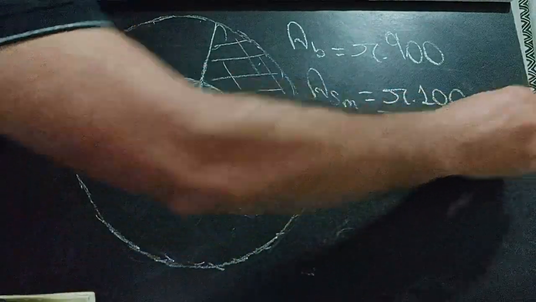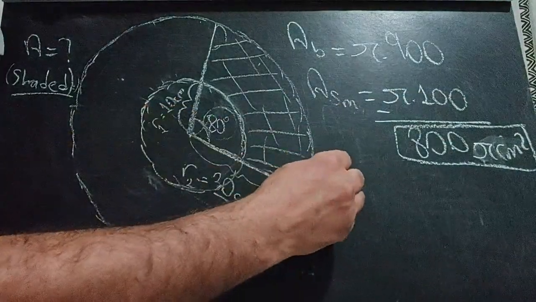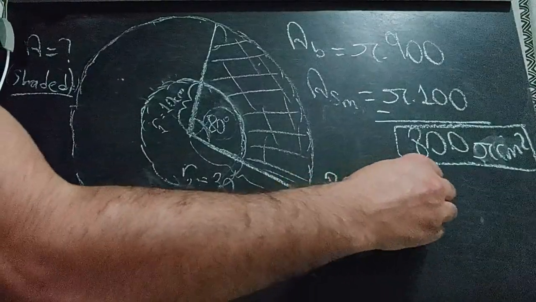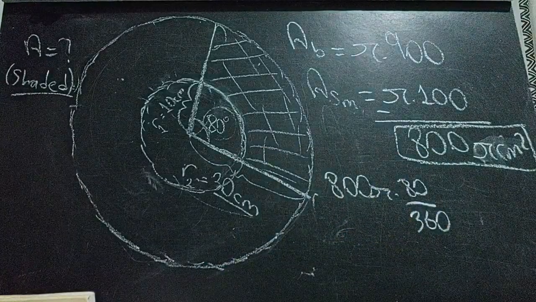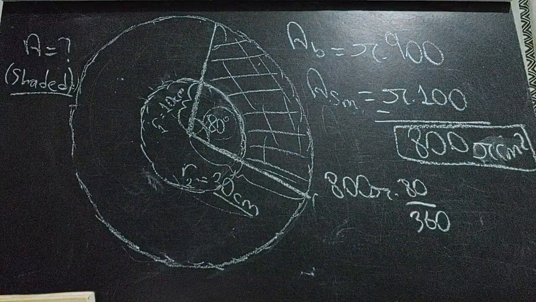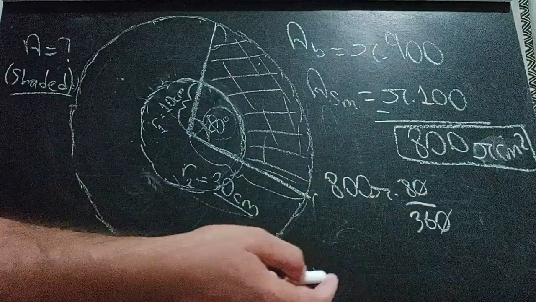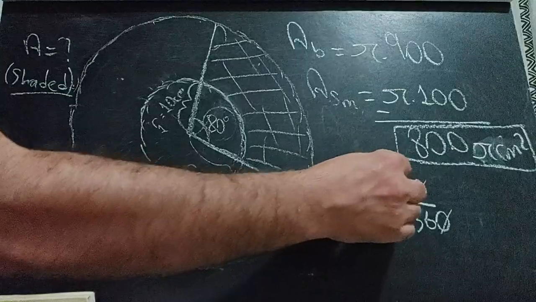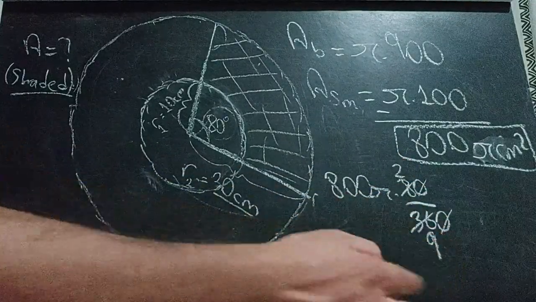Then I'm going to calculate for 80 degrees. That will give me 800 pi times 80 over 360. Right now, see, the zeros simplify to each other. 8 divided by 4 is 2, 36 divided by 4 is 9.